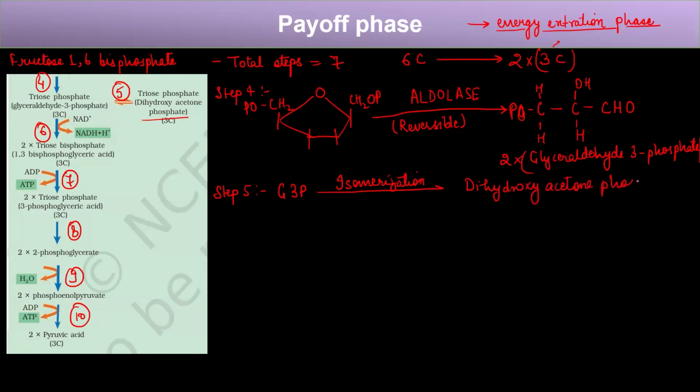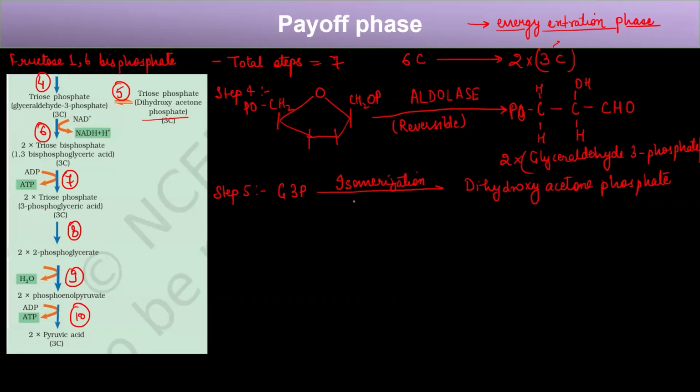Now we know that isomerization means there is no change in the chemical formula. The number of carbon, oxygen, and hydrogen atoms will be the same. It's just a rearrangement of those. Here it was an aldehyde, and here it will form a ketone, because acetone is a ketone, right?